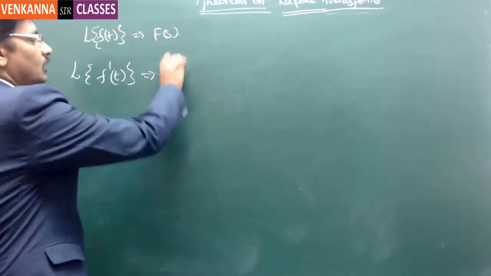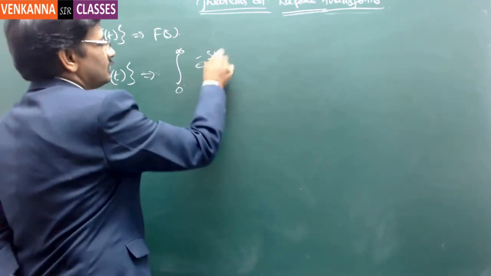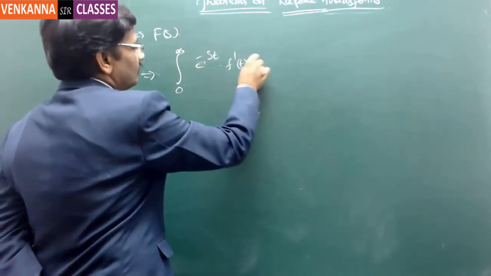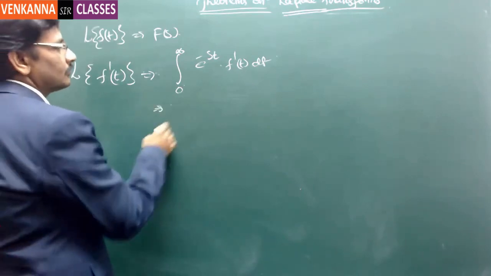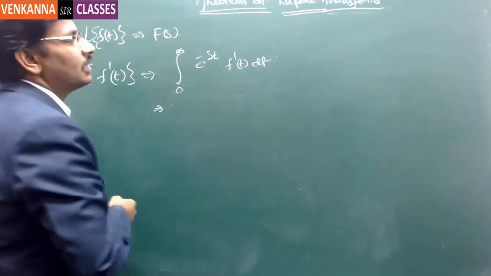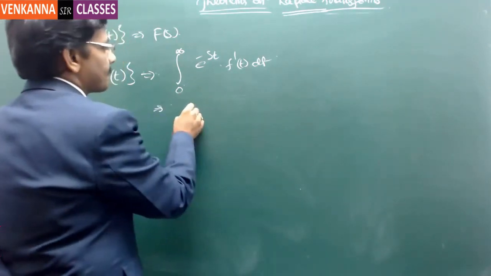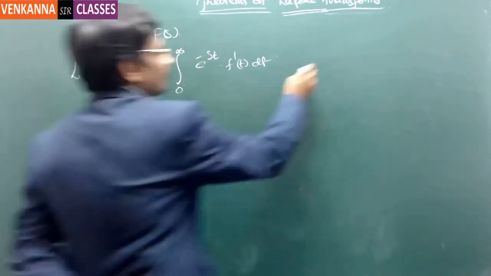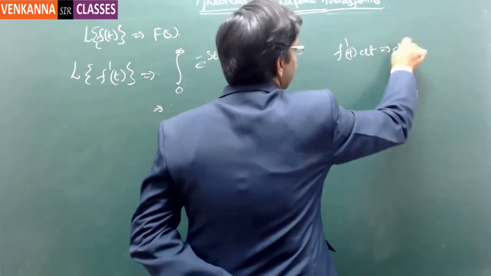So you can find it out: integral 0 to infinity e power minus st into f dash of t into dt. Apply the uv formula on this. Here f dash of t dt is equal to dv.